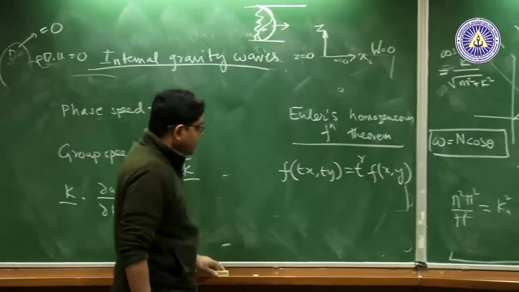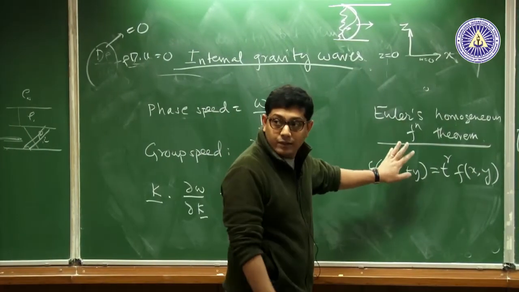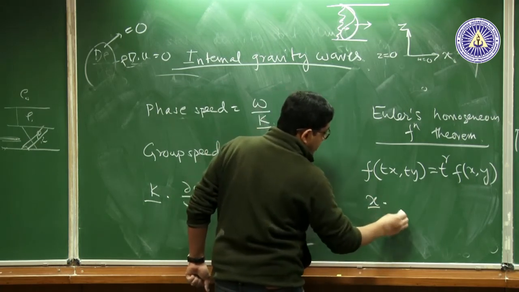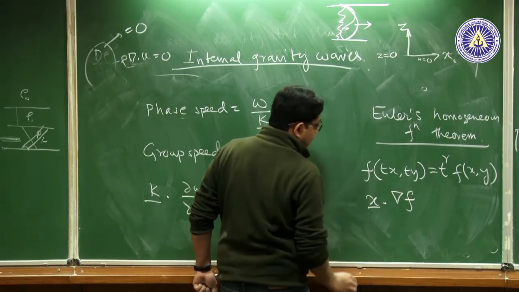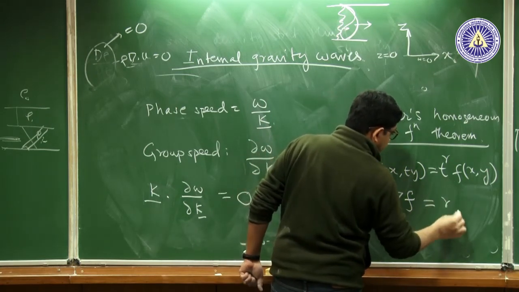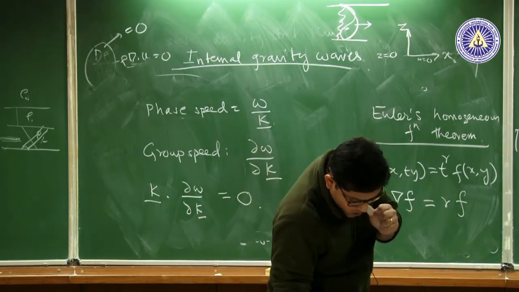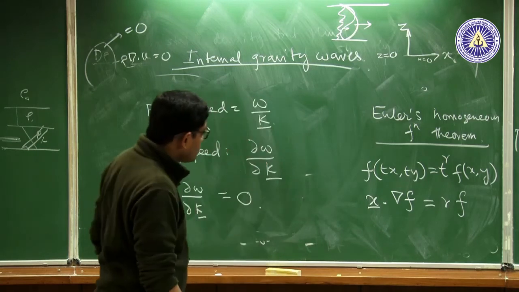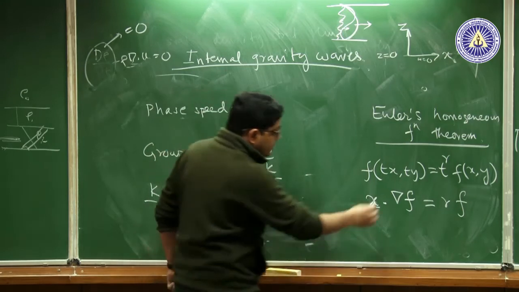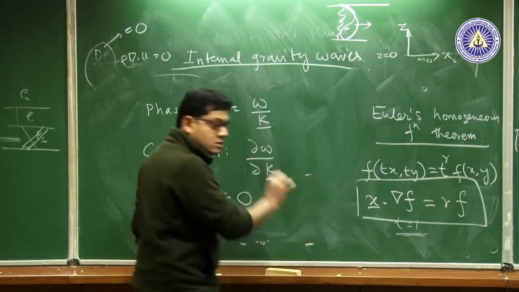If that is the case, then for any t, this is valid, and x dot grad f is r times f. After substituting t equals 1, it comes out. This is a standard, known result.